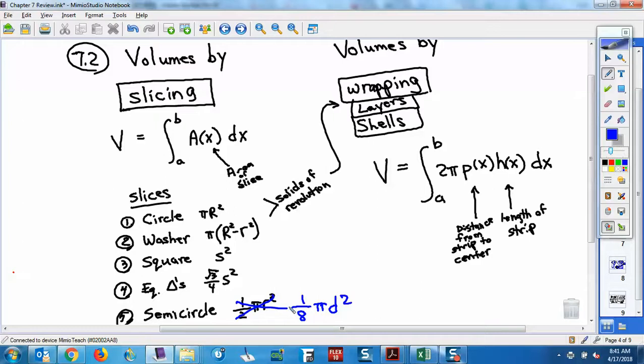And remember, p was always something like 2 minus x, x minus 3, y minus 0, 2 minus y. It was the distance from the strip to the center. And the strips were always parallel to the axis of revolution, unlike over here, where the strips were always perpendicular to the axis of revolution. We're going to have some problems in the worksheet to do with that.